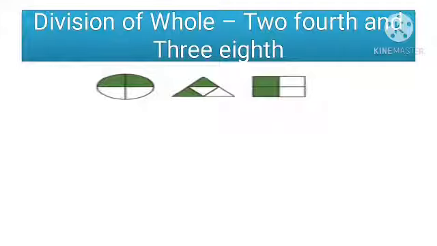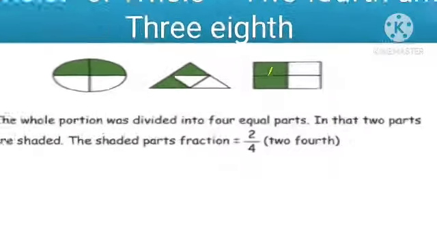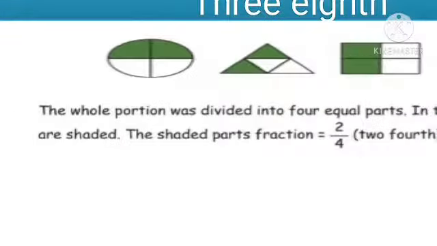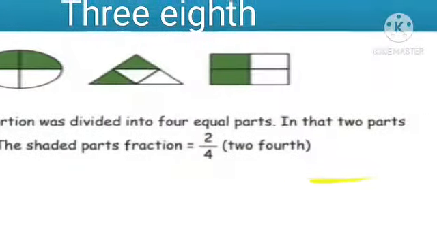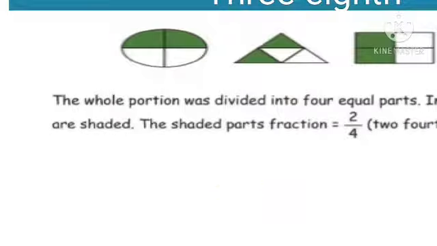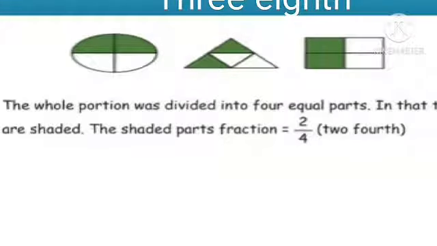Of those 4, 2 parts are shaded or colored. The whole portion was divided into 4 equal parts. In that, 2 parts are shaded. So the shaded fraction is equal to 2/4.